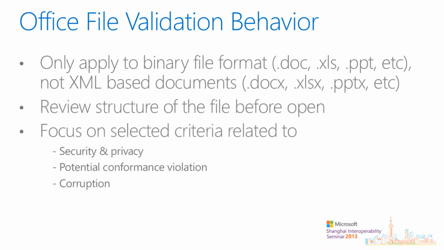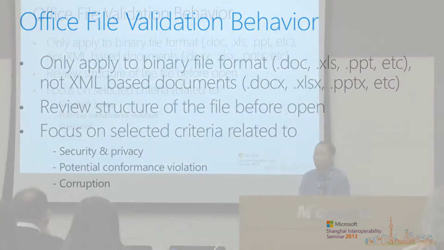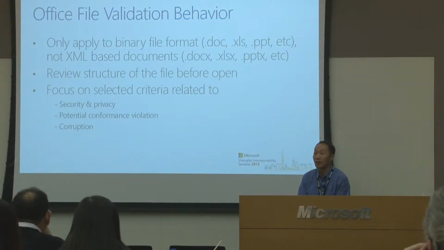It loosely checks the document for conformance against the binary file format specification. It doesn't check for everything. It only focuses on selected criteria related to security and privacy, potential conformance violations, and also corruption.